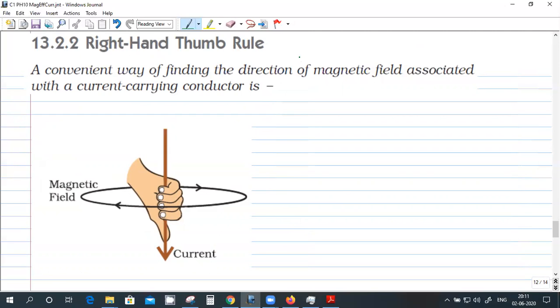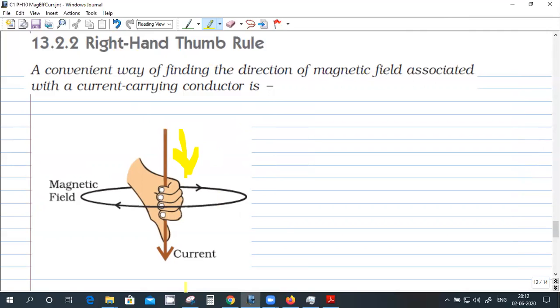So there is one rule to get the direction of the magnetic field. This is a current carrying straight wire. Current is flowing in this direction.